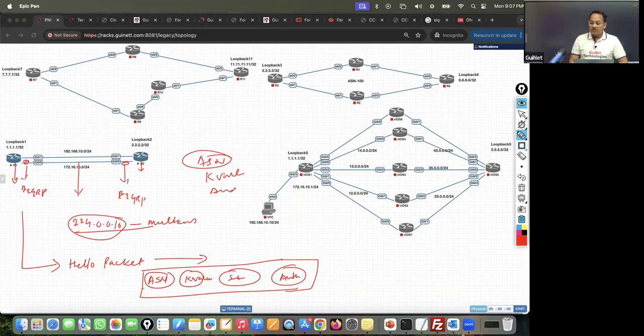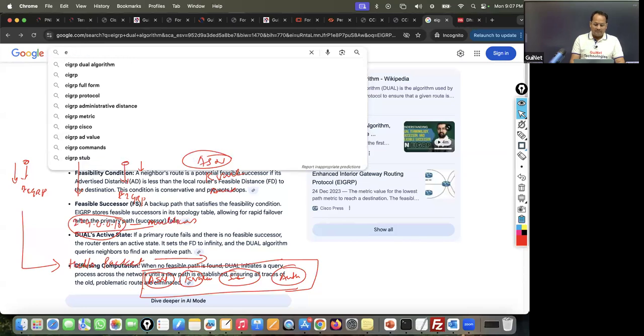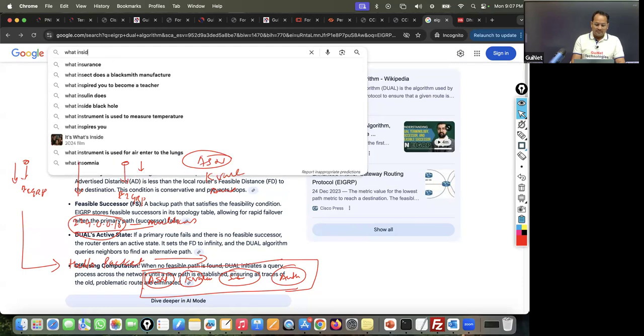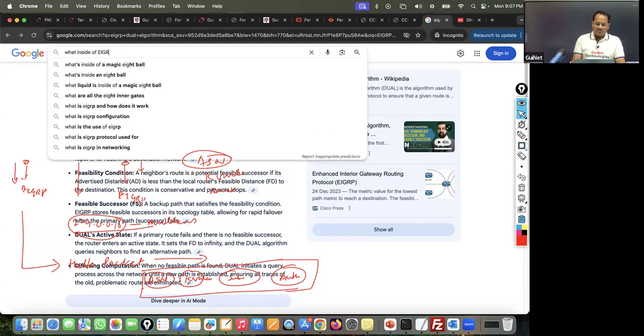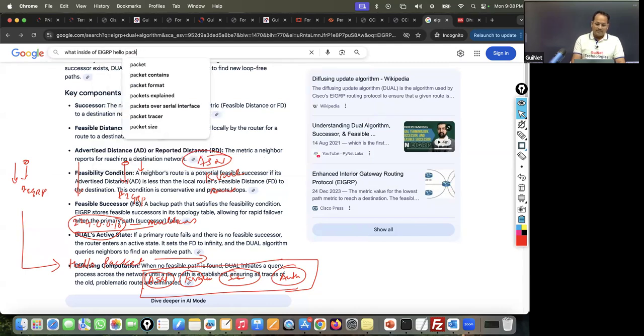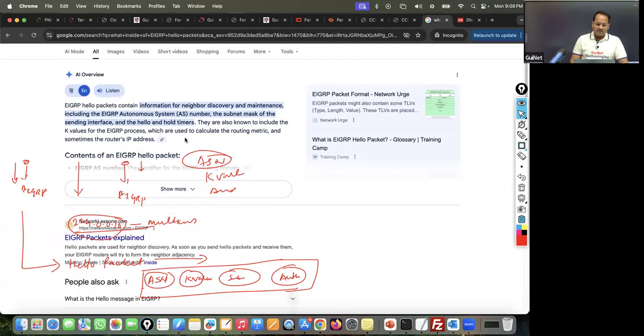So if you go here and try to search what is inside of EIGRP hello packets, see here.